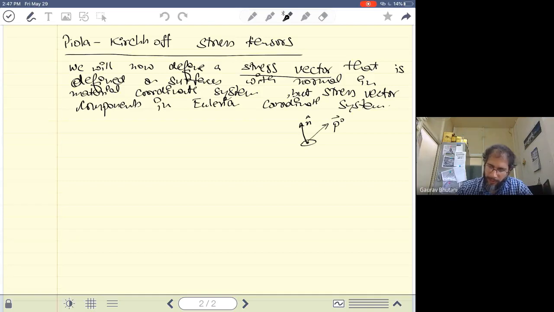If it was defined using the Cauchy stress vector, then this would have been T superscript n hat. That means this is the stress vector which is acting on a plane. We call this plane one that has an area delta gamma and a unit normal n hat that defines it.